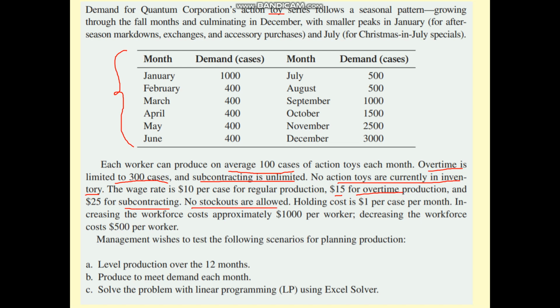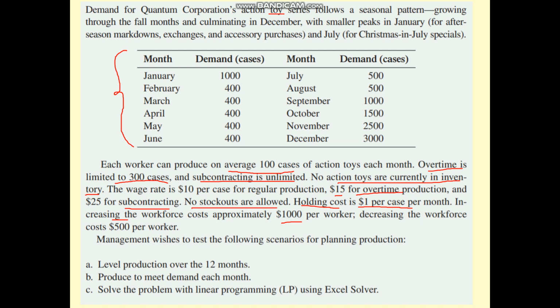And we assume that we always need to satisfy the customer demand. No stockouts are allowed. The inventory or holding cost is $1 per case per month. And the cost to increase the workforce is $1,000 per worker.